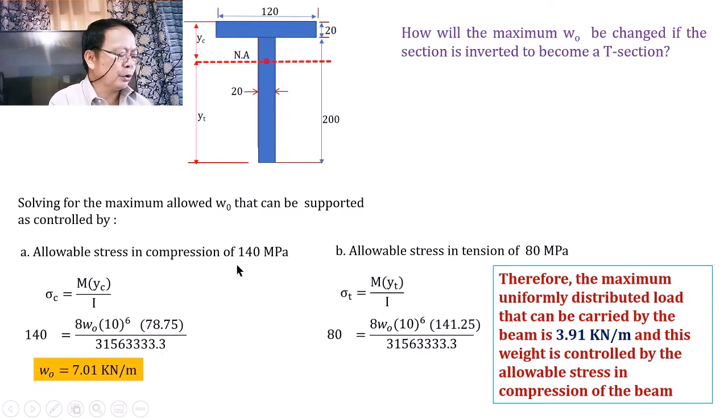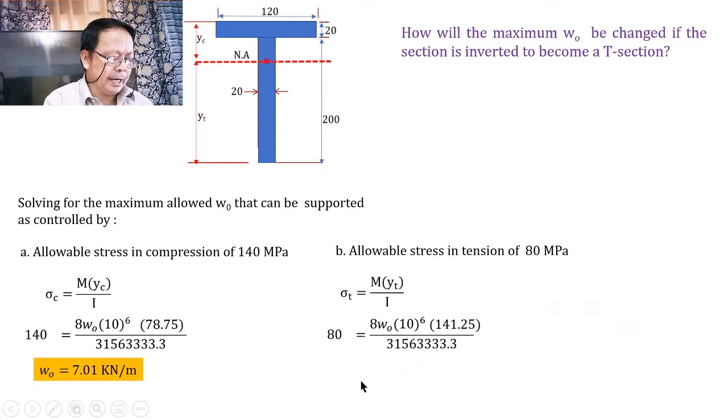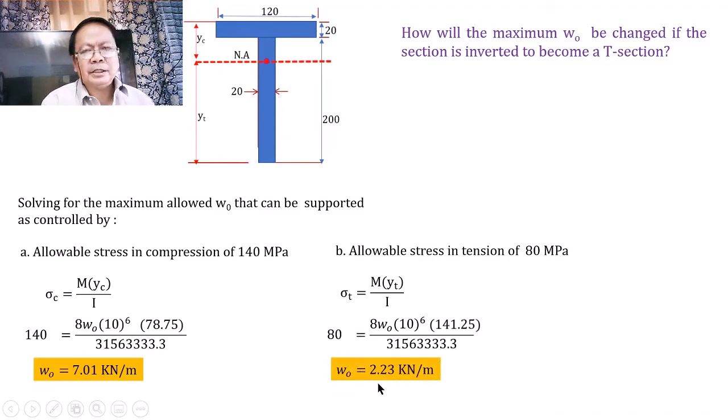It became larger for compression because the distance became smaller. This will be subjected to a lesser stress and therefore it can carry a larger load. However, the moment capacity due to tension will be reduced by a certain amount, and this becomes only 2.23 kilonewton per meter.